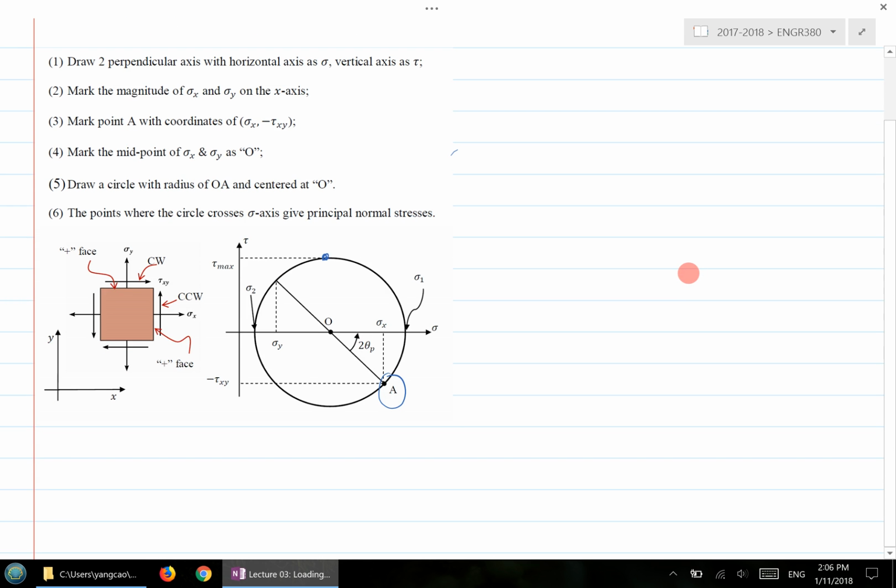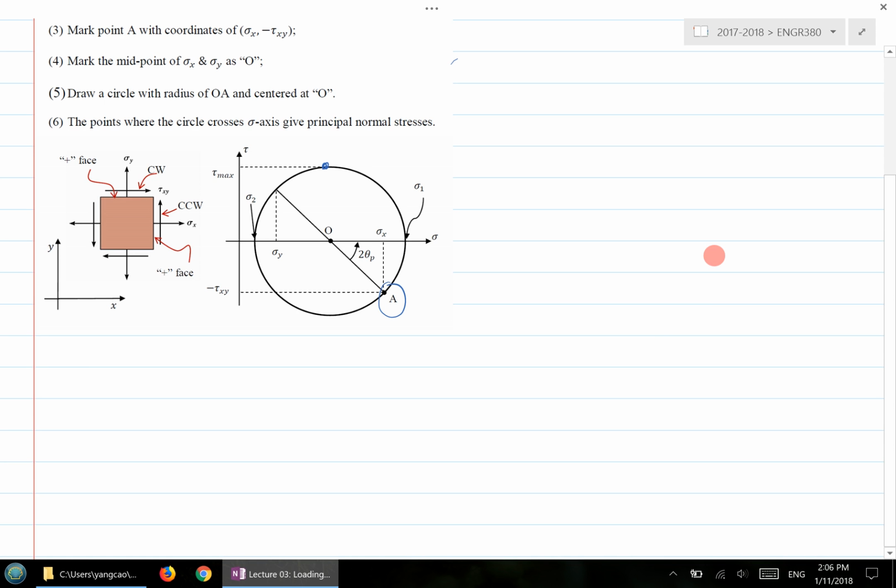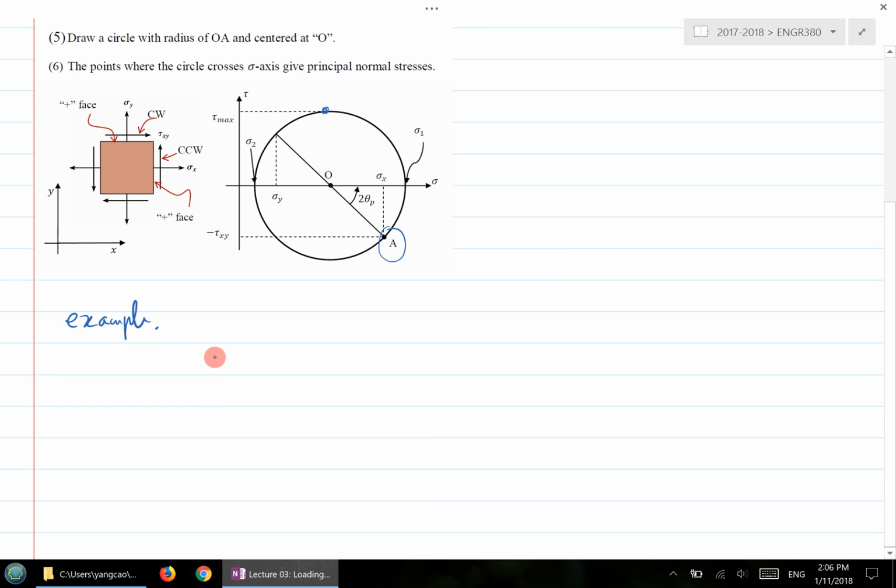We can also use this Mohr's circle idea to explain quite a few different phenomena. Maybe let's start with a very simple exercise of drawing a Mohr's circle, for example. Let's say we have a bar that is subjected to bending on both ends.